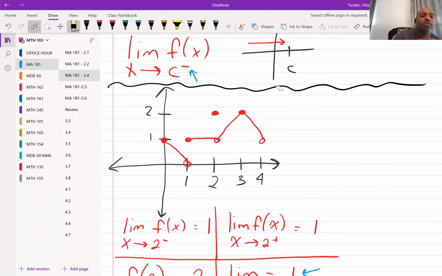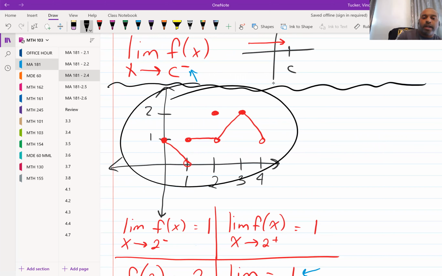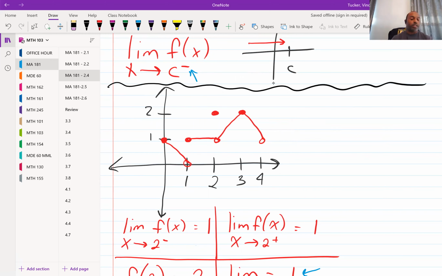All right. So let's say this is our graph, and this graph represents f of x. This represents our function, everything that's going on in this graph. So if they want to know, looking at the first one, what is the limit of this function as x goes to 2 from the left side?